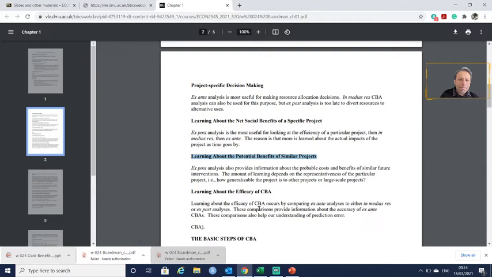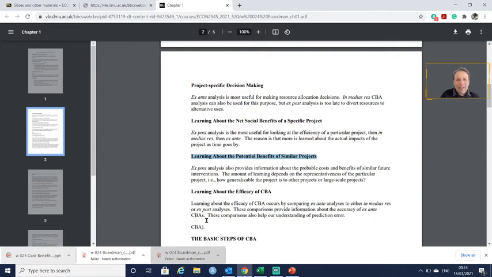So what about the efficacy of CBA? We also have the possibility of learning about the efficacy of CBA when we compare the ex ante analysis, before the intervention, with the in medias res or ex post analysis.